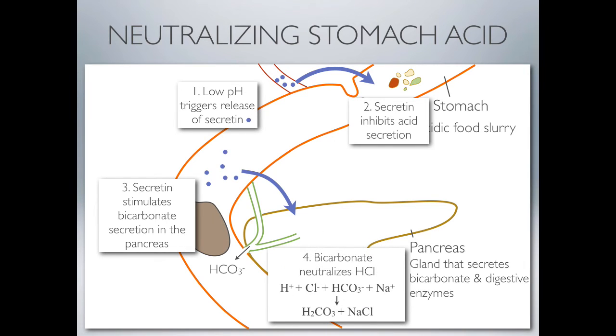So dumping bicarbonate into the lumen is the pancreas's solution to raising the pH. And that's good because low pH would eventually burn a hole in the small intestine, so this is neutralizing that from happening.